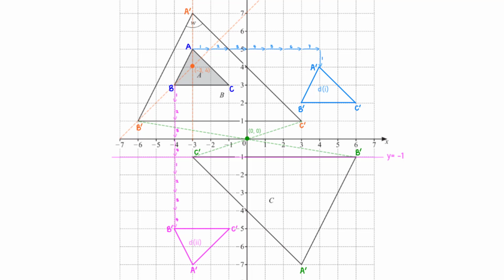So for point B on the triangle, since we move 4 units downwards to touch the line of reflection, we also need to move 4 units downwards from the line of reflection to pin the new position of point B. We need to repeat the same process for points A and C on the triangle as well. When we are done, we are able to map out the reflected image of triangle A.